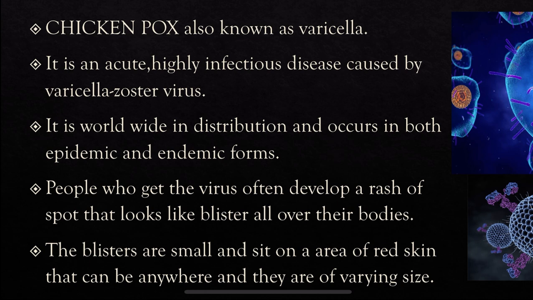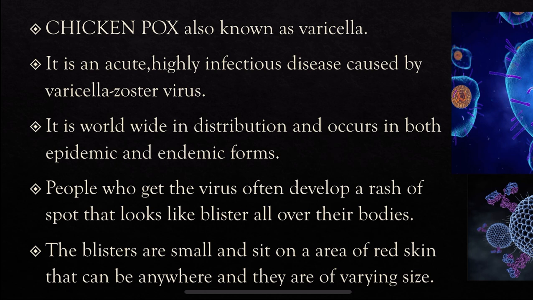It is worldwide in distribution and it occurs in both epidemic and endemic forms. All over the world chickenpox occurs. Endemic means a regular frequency: a set of people every year will be suffering with chickenpox.